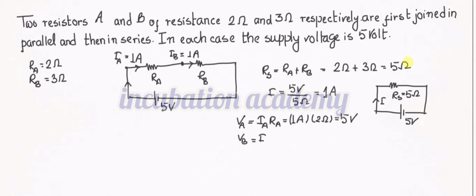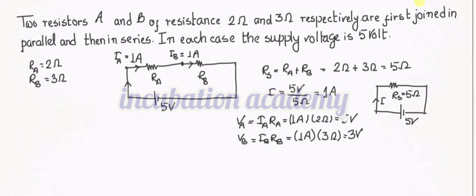That is IB multiplied by RB. IB is the same, 1 ampere, because the resistances are connected in series. The value of RB is 3 ohm, so that is 3 volt. Sorry, here 1 into 2 is 2 volt.